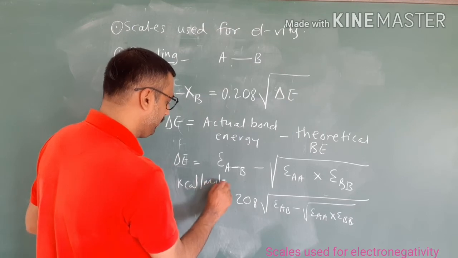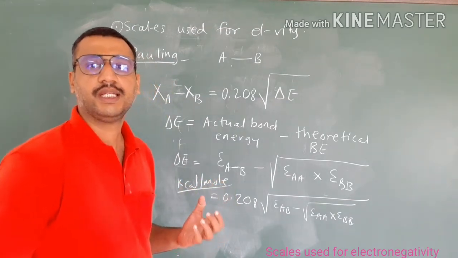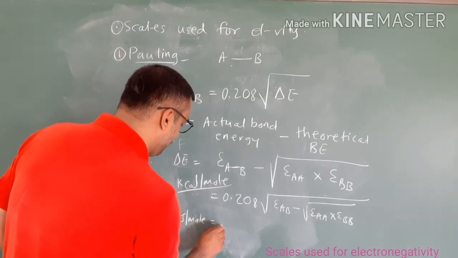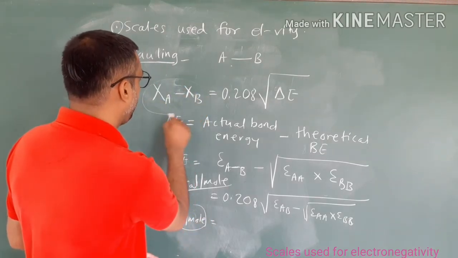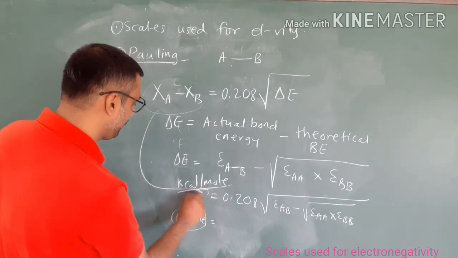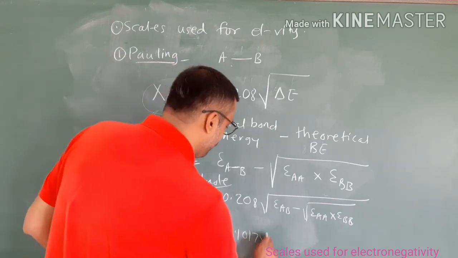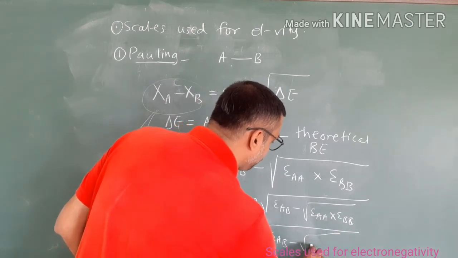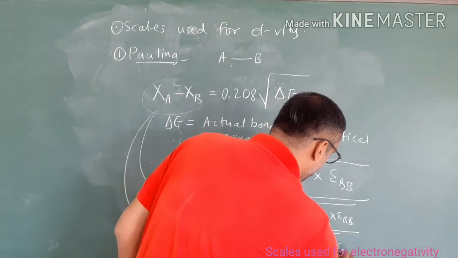kilocalorie per mole. If the given bond energies are in kilojoule per mole, then this X_A minus X_B can be determined by the formula: X_A minus X_B equals 0.1017 into the root of E_AB minus the square root of the AA bond energy into the BB bond energy.